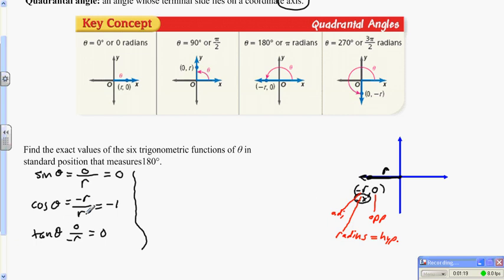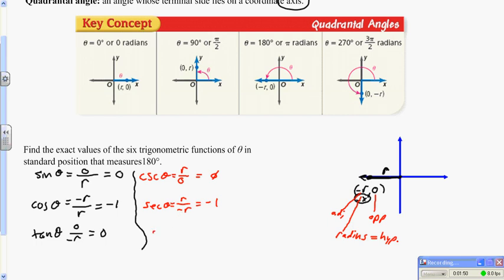Once we have the first three, then the other three trig functions will just be the reciprocals. So cosecant of theta would be r over 0, which would be undefined. Secant would be r over negative r, which is negative 1.